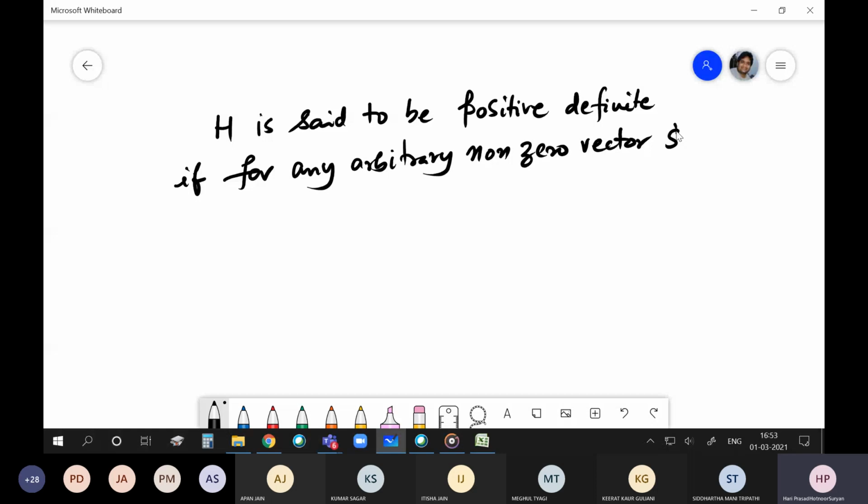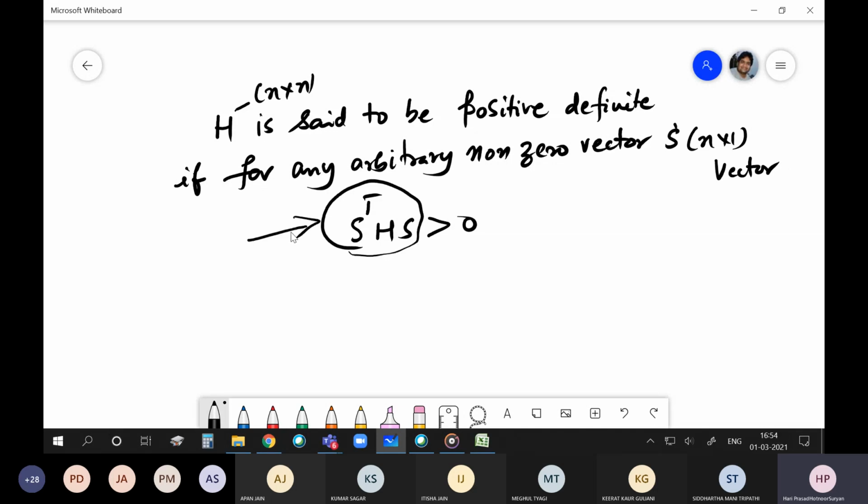Yes, sir. For any non-zero vector S, if S transpose H S is greater than 0. Let us say H is an n by n matrix, and S is an n by 1 non-zero vector. What will be the value of this? Is S transpose H into S a scalar or a vector?